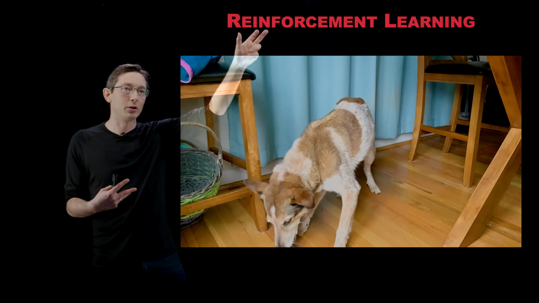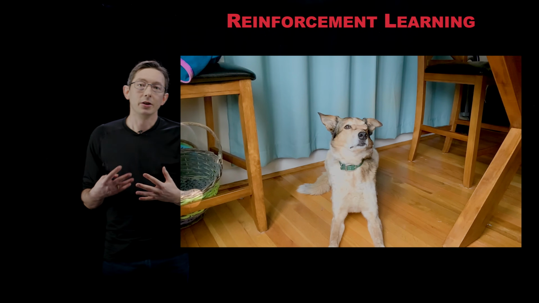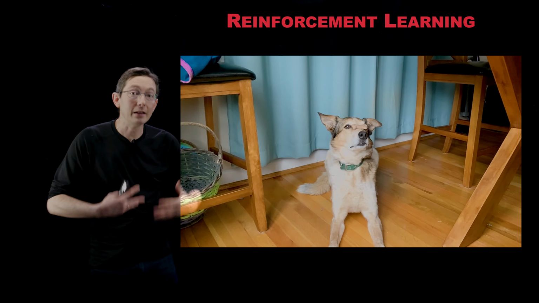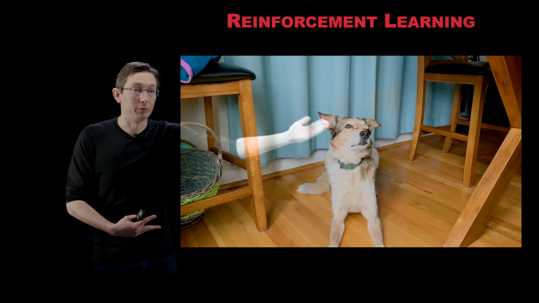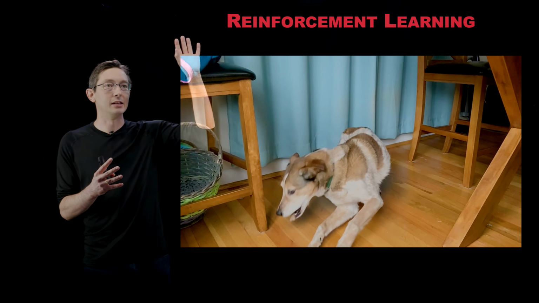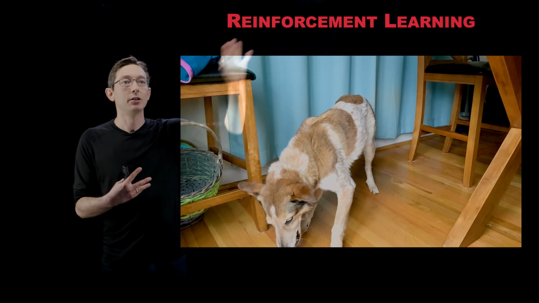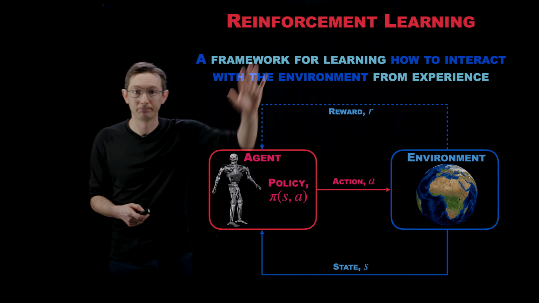And so that's actually where the word reinforcement comes from, is that in animal systems, in human systems, you reinforce good behavior with rewards like treats. Okay, and so that's kind of the whole name of the game here, is learning a good control strategy or a good set of actions through positive reinforcement.